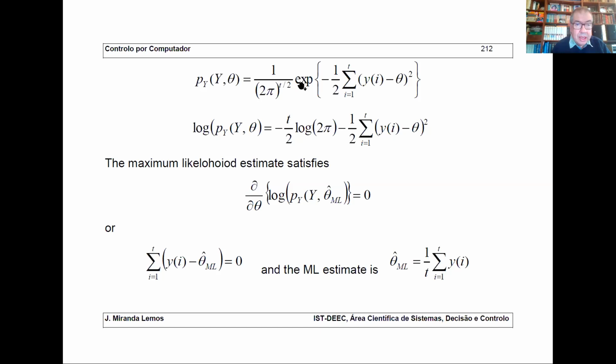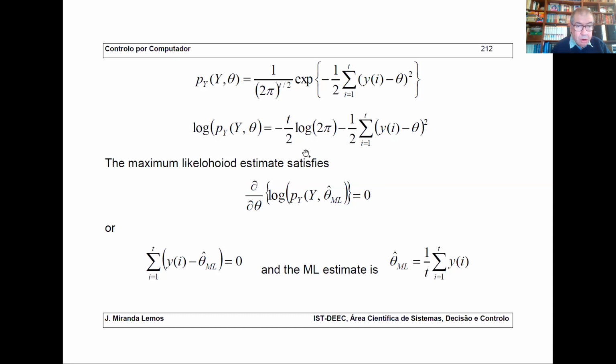And this term is the logarithm of the exponential. And by definition, the logarithm is the inverse of the exponential. So I just put the exponent here when I compute the logarithm. And now I compute the partial derivative with respect to theta of the logarithm of the likelihood function.